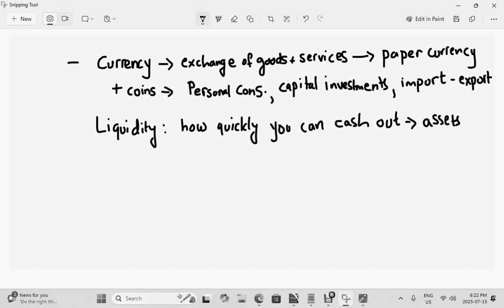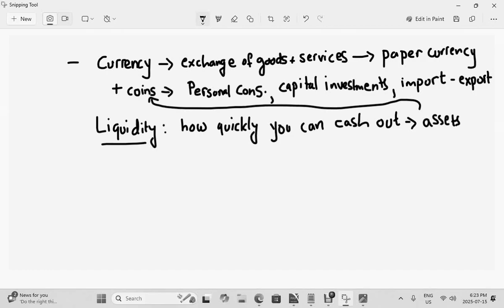If it's paper currency, for example, it's easy to cash out. Your accounts receivable, easy to cash out. So both of them are considered liquid. Whereas if you have a fixed asset, a capital investment, which may be tough to sell, which may take time to sell, it is not very liquid. It's not easy to cash out.